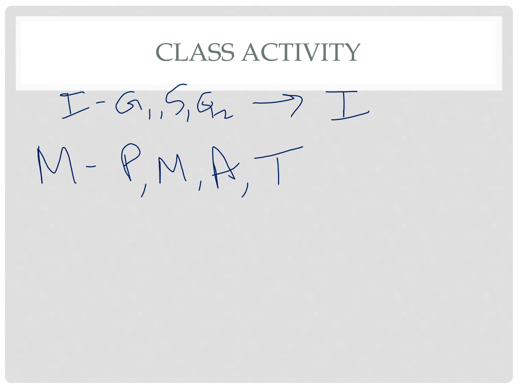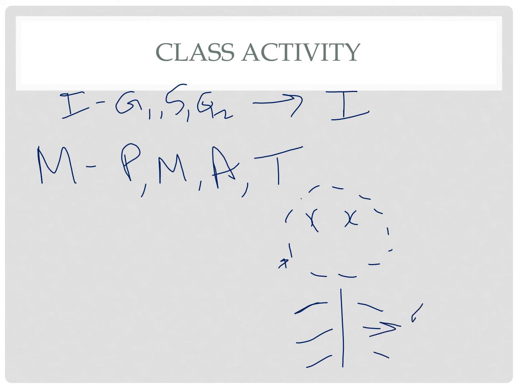In prophase, you're breaking up the nuclear membrane, but we still have our little sister chromatids here. Then in metaphase, we line them all up and form those microtubules. Then in anaphase, we pull them apart toward the other ends.